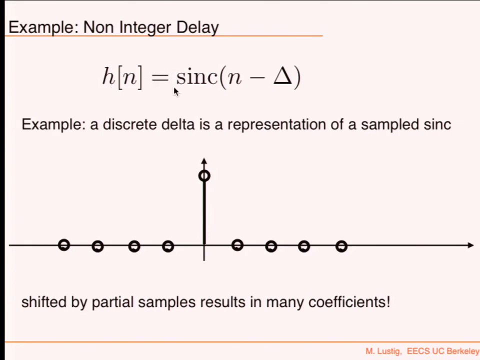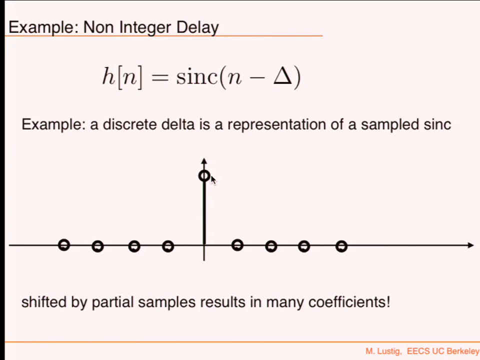Let's say h of n equals sinc of (n minus delta). This is really the impulse response in this case. Let's say delta is equal to 0. When delta equals 0, sinc of n is just a discrete Dirac function, because it's 0 for n not equal to 0. It's only 1 for n equals 0.